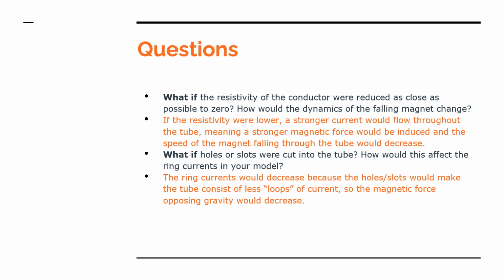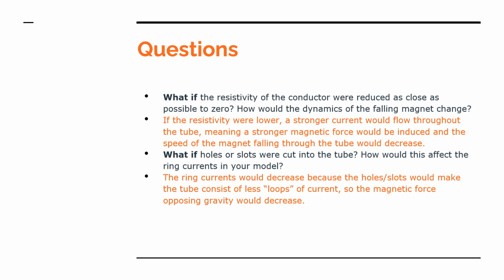Some things to consider are how this would change if the situation was a little bit different. If the resistivity of the conductor was reduced as close as possible to 0, a much stronger current would flow throughout the tube, and a stronger magnetic force would be induced and act upon the bar magnet.